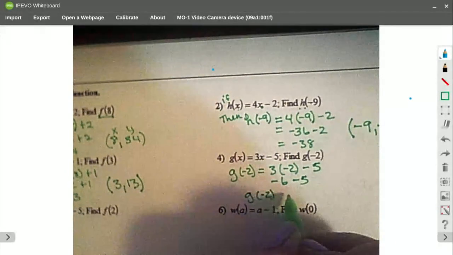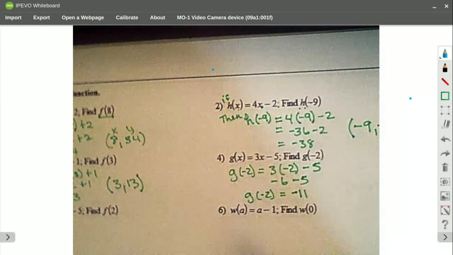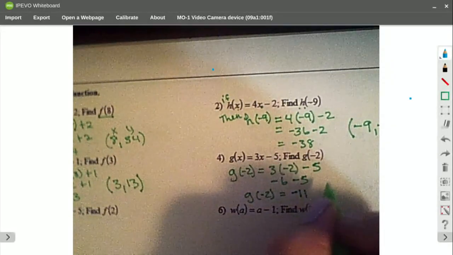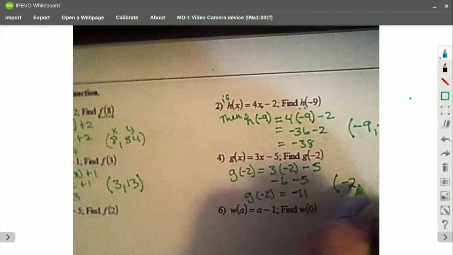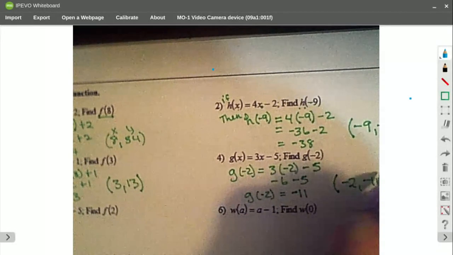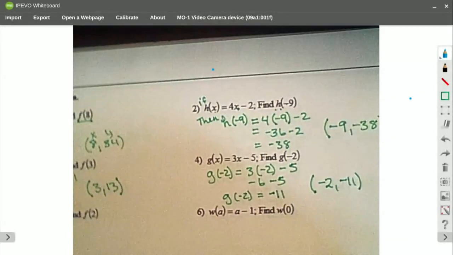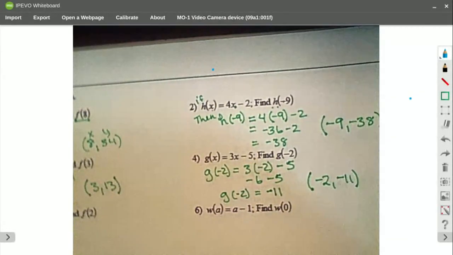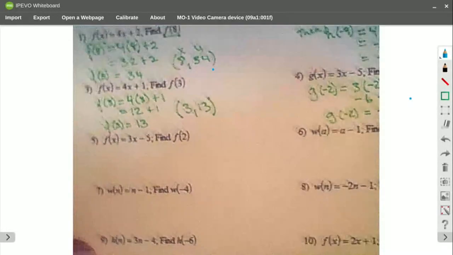G of negative 2 is equal to negative 11. Coordinate, negative 2, negative 11. Okay?